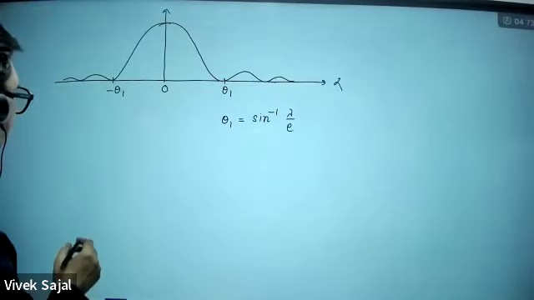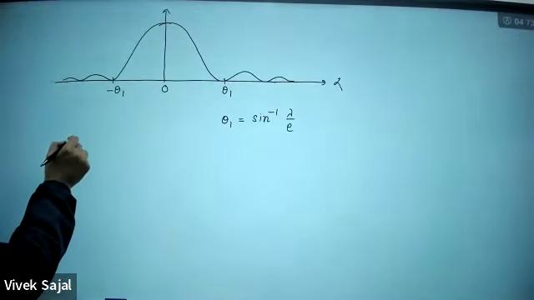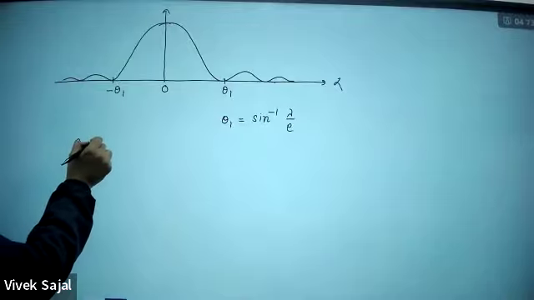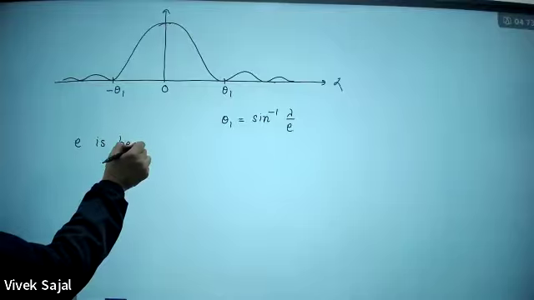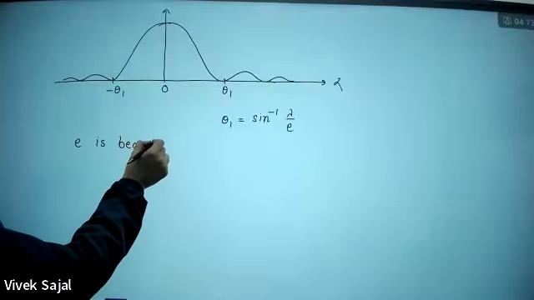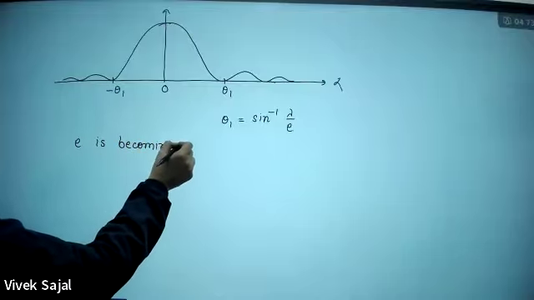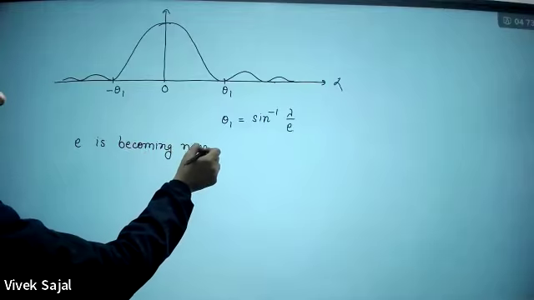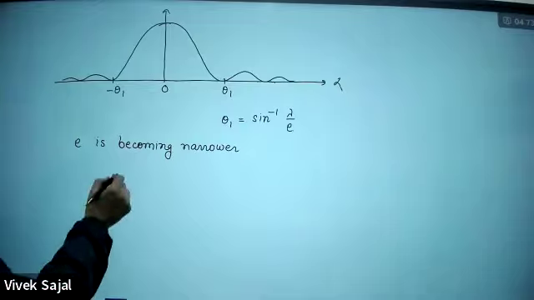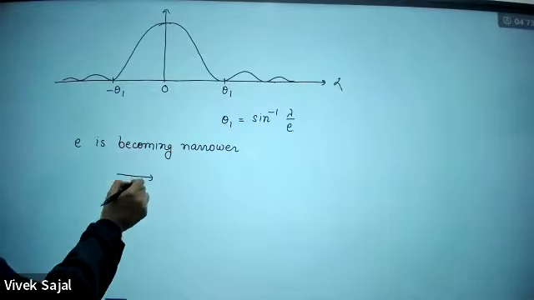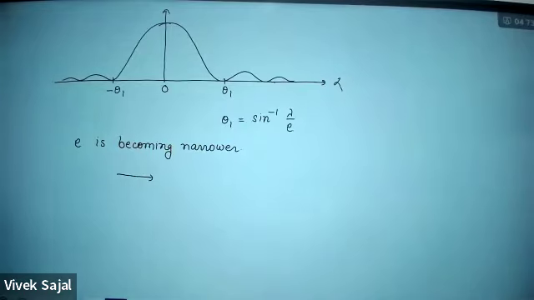Now, if slit width is reduced, if e is becoming narrower, then what is going to happen? You are going to tell me.